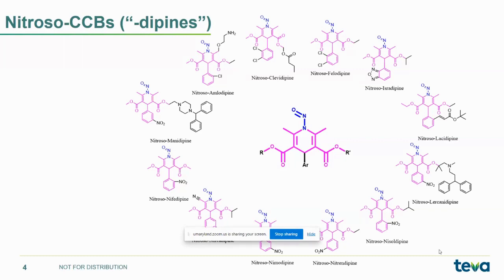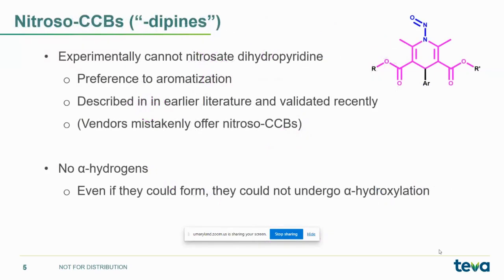Upon investigation of this compound, we tried to synthesize it and were unsuccessful. Based on some literature from the past that already mentioned this, under conditions of nitrosation, the dihydropyridine prefers to aromatize and it does not undergo nitrosation.